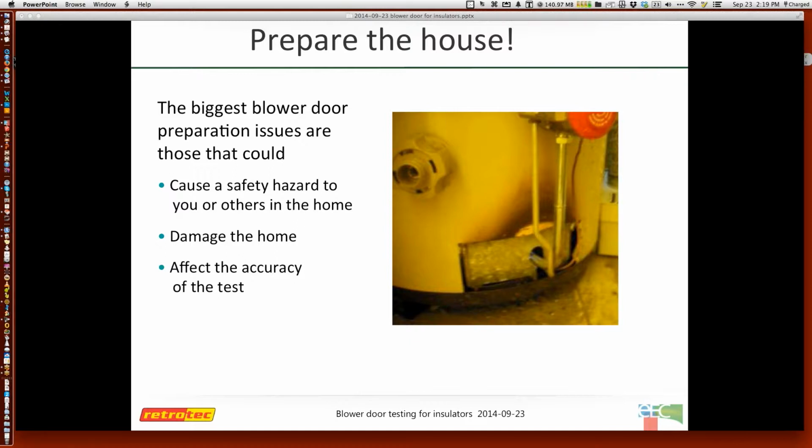There are actually fan curves built into how the fan works, with the ranges and the rings, and all that must be built into the gauge to give you accurate results. So the DG700 doesn't have that built in, but the Retrotec DM32 not only can read the Minneapolis blower door fan, it also can control it. There's an adapter that you can have to control that.